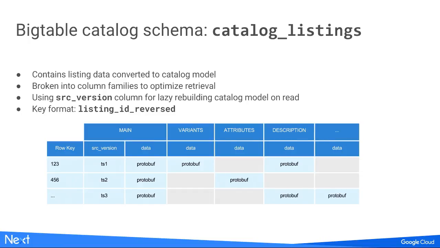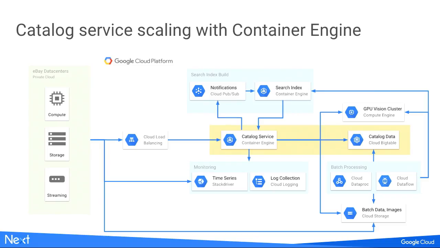Usually we rebuild the catalog model as we ingest new data. But in some cases, when we do a batch operation, we can just increment the version in this table without rebuilding the whole model. So next time we need to read, we know that the model we have in this table is stale, and we need to rebuild it.